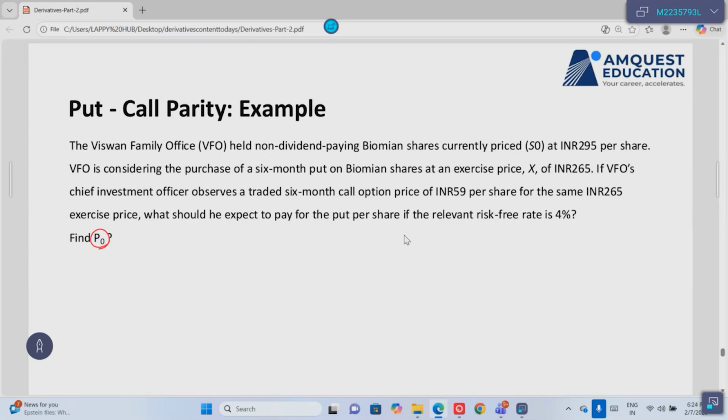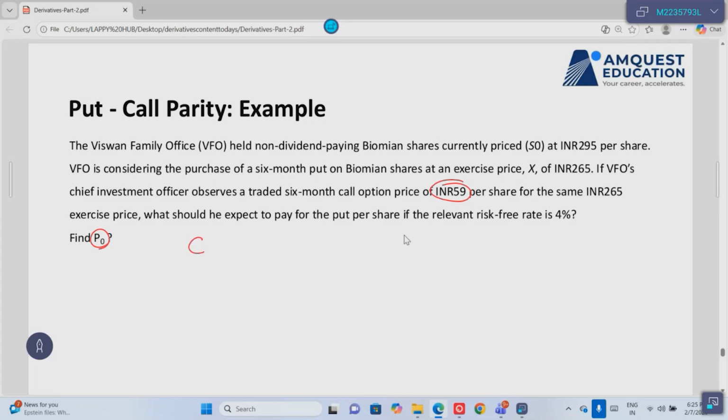What is the answer? So 23.85. 3.85. Okay. So the call option is 59, right? So what do you know?